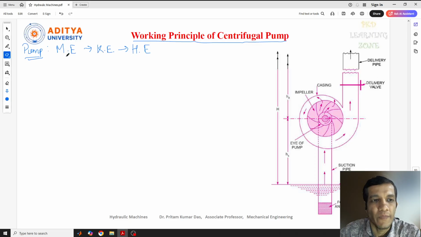Or we can say that a pump is a hydraulic machine which converts mechanical energy into hydraulic energy through kinetic energy. And this hydraulic energy will be in the form of pressure energy. That is called a pump.